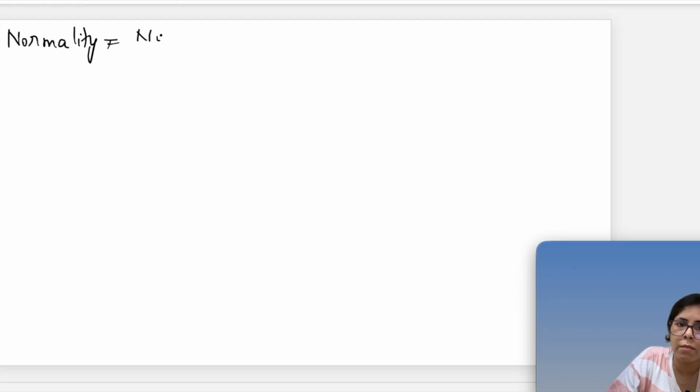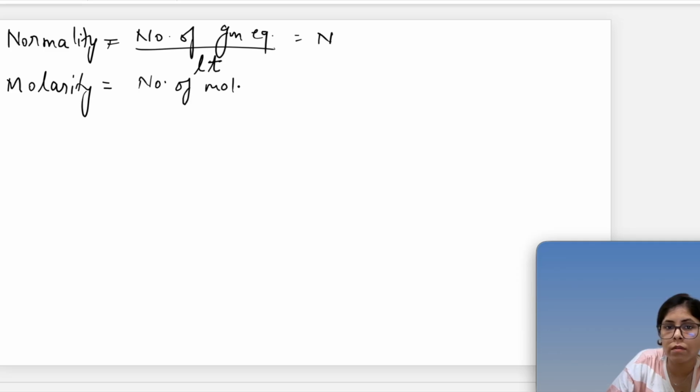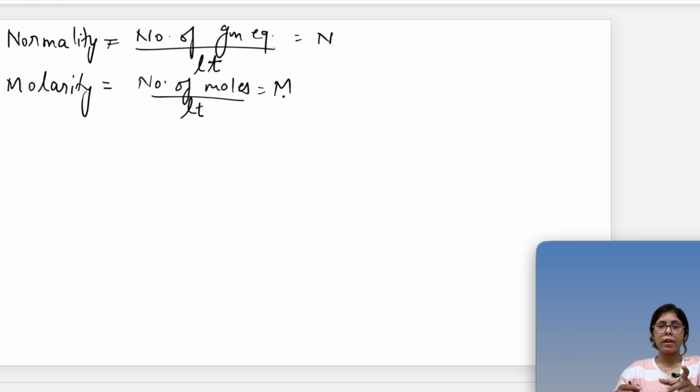It's the number of gram equivalents per liter. Then we come to the term molarity. Molarity is the number of moles per liter, denoted as M. So the normality formula is the number of gram equivalents per liter, and the molarity formula is the number of moles per liter.